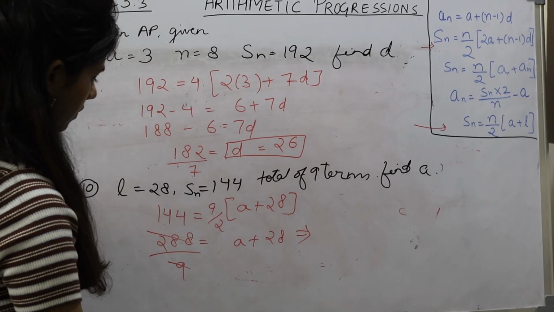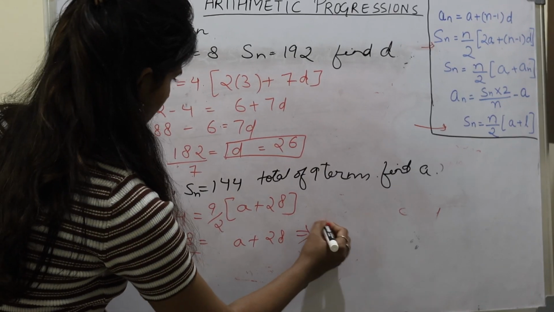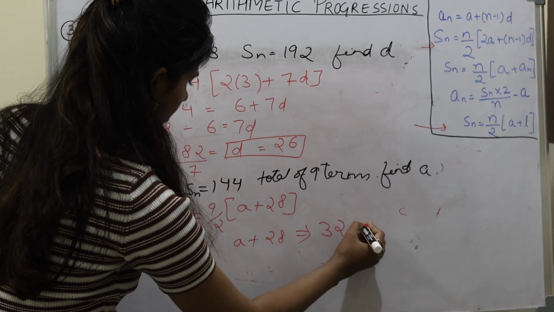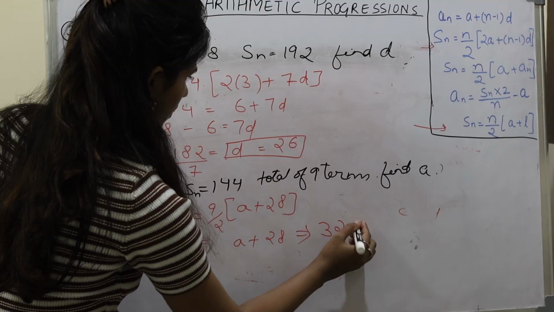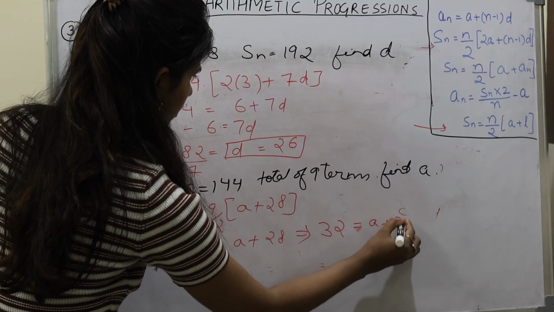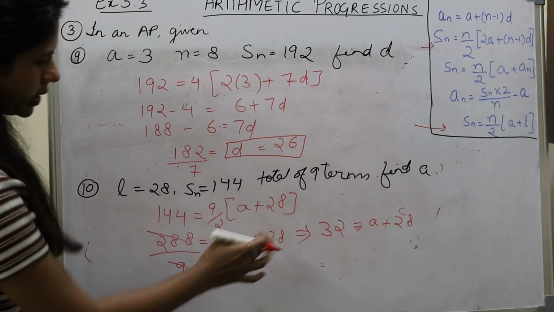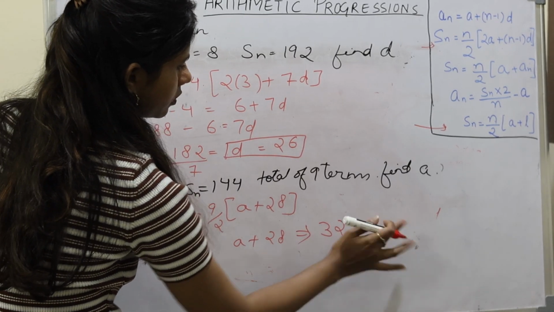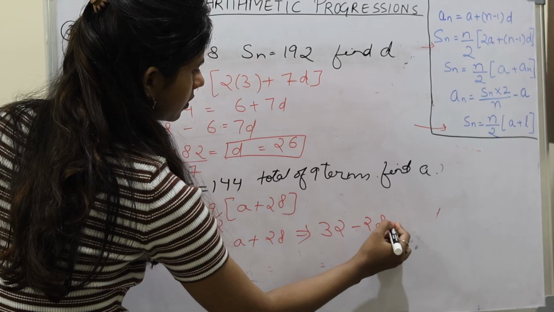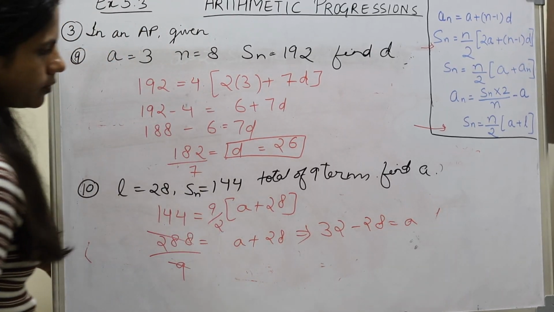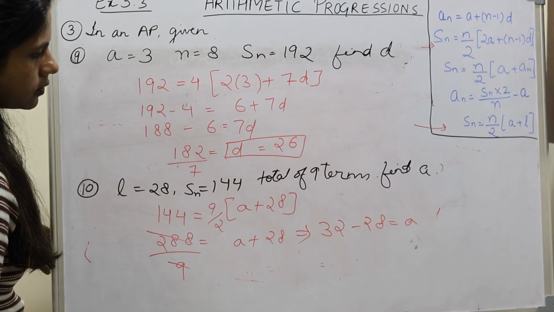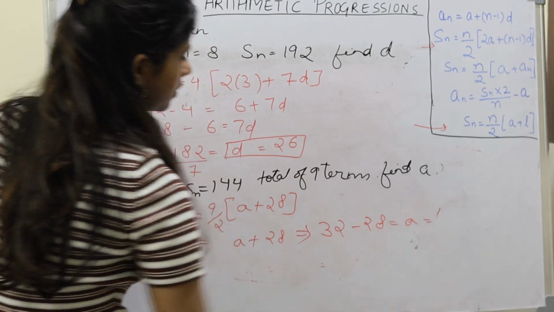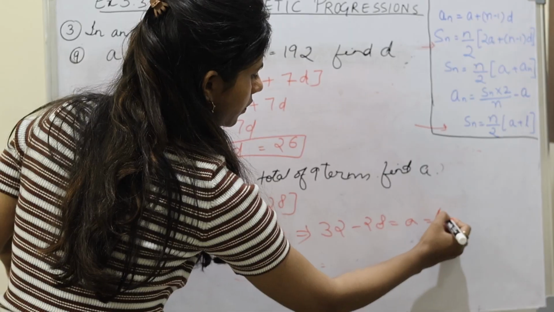So 144 divided by 9 is 16, and 16 into 2 is 32, so 32 equal to A plus 28. Now 28 will go to this side. So we can write 32 minus 28 equal to A. Now A will be 4.